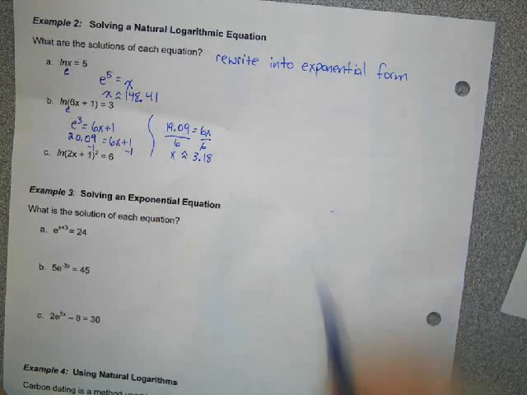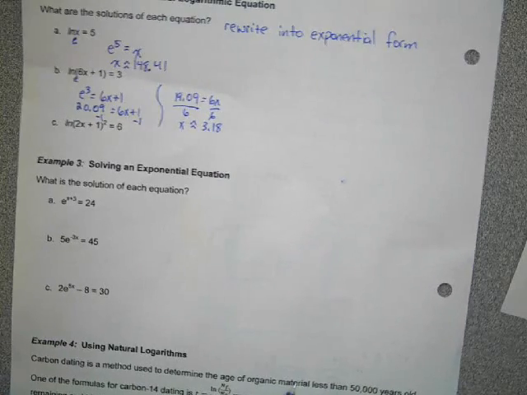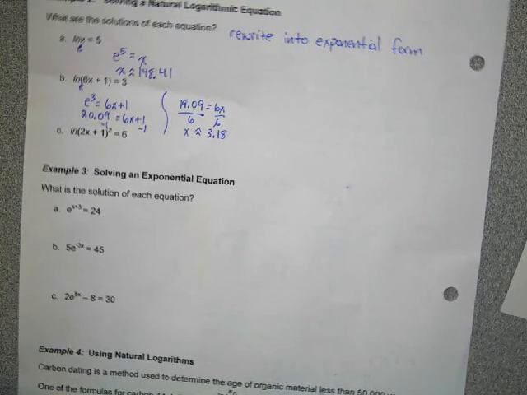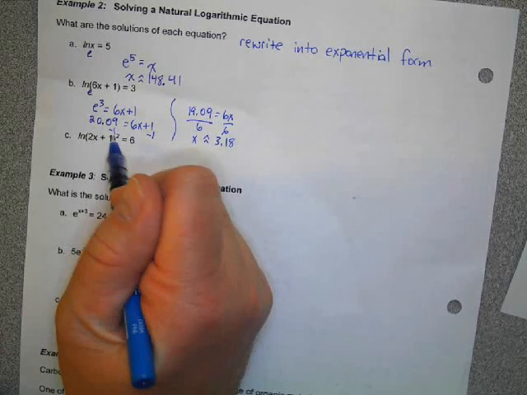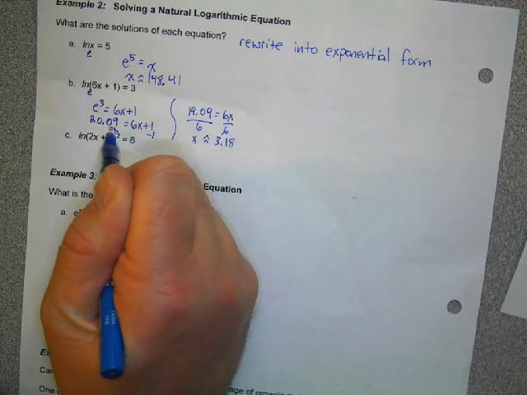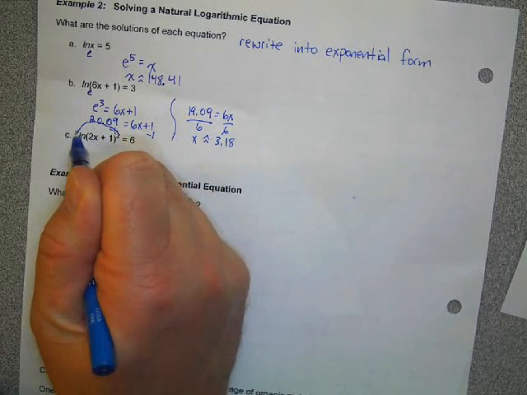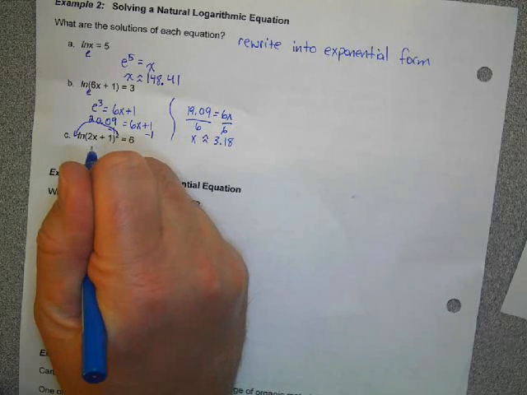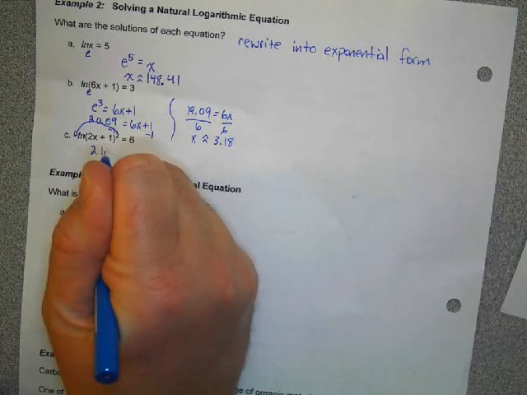Part C, you have an exponent this time. Probably the easiest way to solve this would be to move your exponent in front and let it become a coefficient. So then you have the following equation.